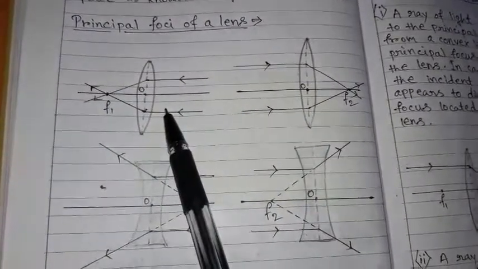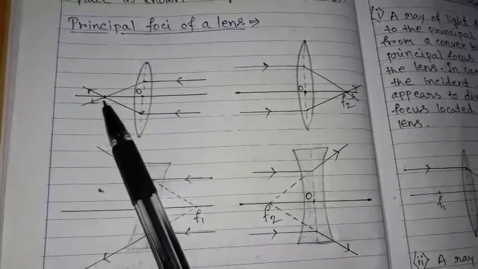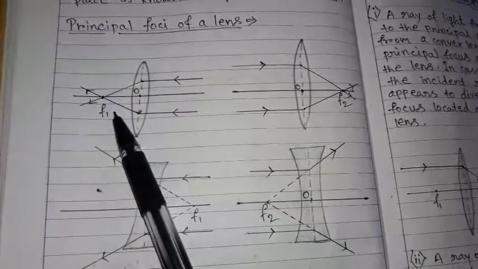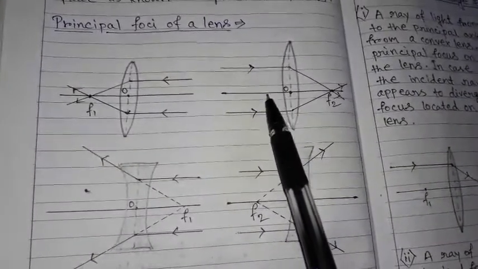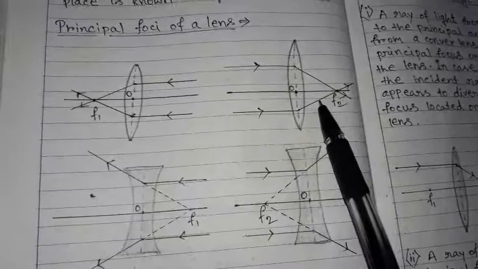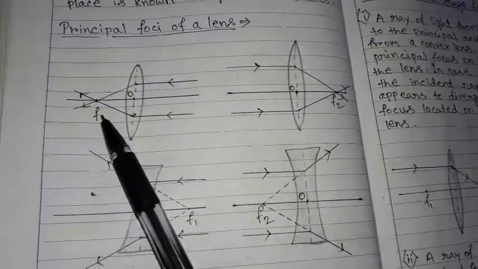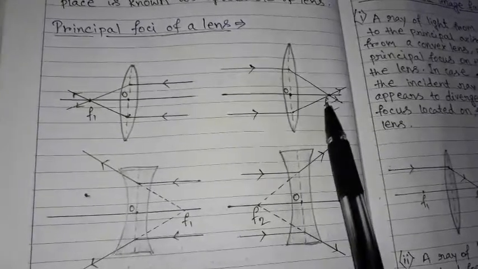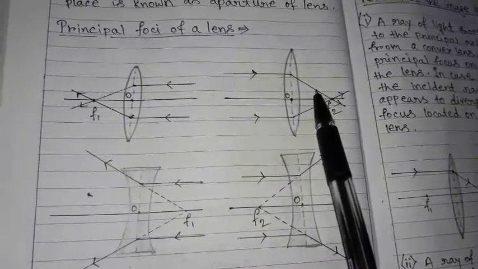For both cases we see that the parallel incident rays after refraction meet at the point F1. Here also, from the other side of the lens, the incident ray parallel to the principal axis meets at a point on the principal axis at F2. So these points F1 and F2 are the principal foci for the two different refracting surfaces of the convex lens.